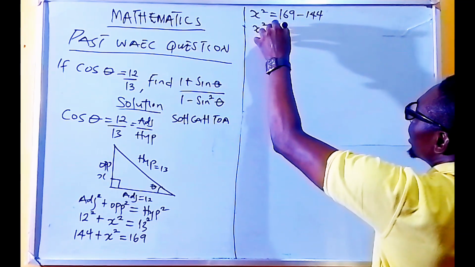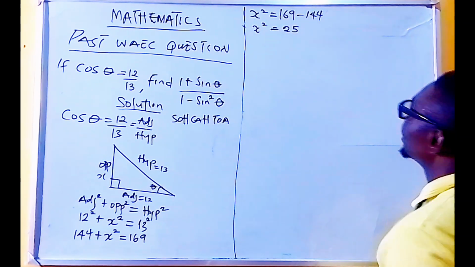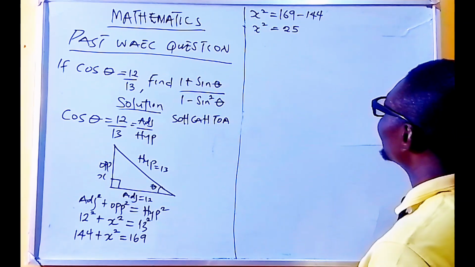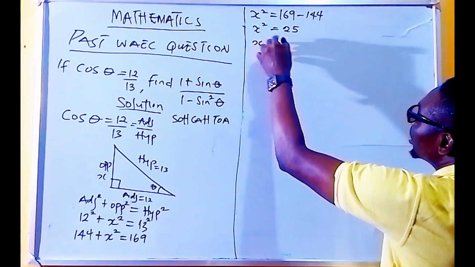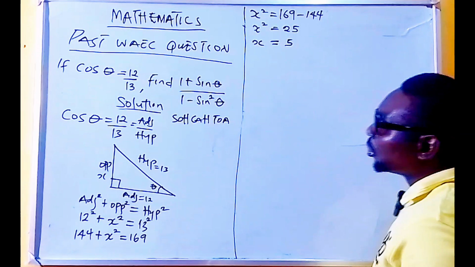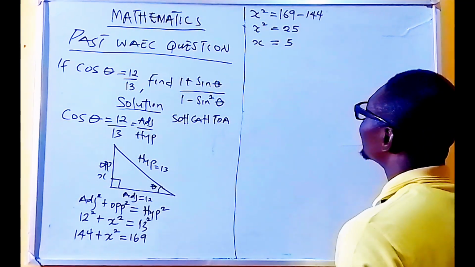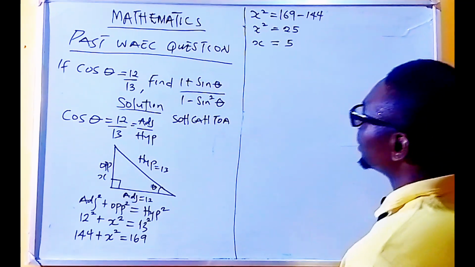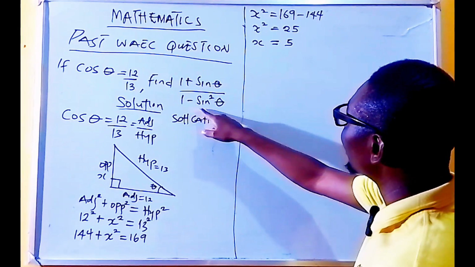So x squared will be equal to 25, if you subtract 169 minus 144. Therefore, our x now, if you find the square root of both sides, becomes 5. So the opposite side will be 5.